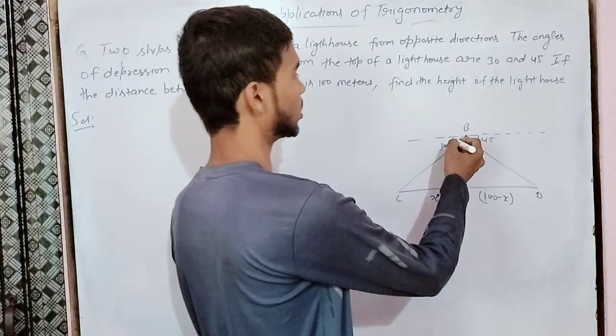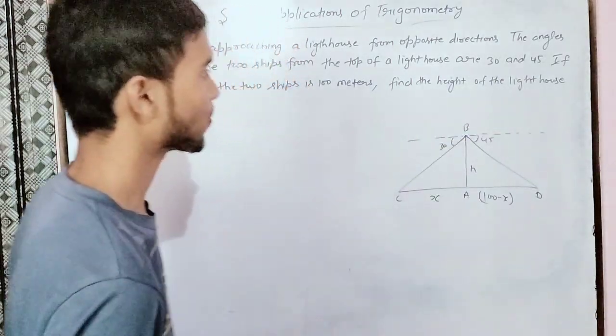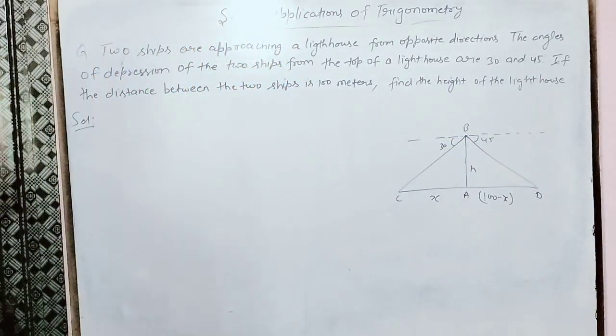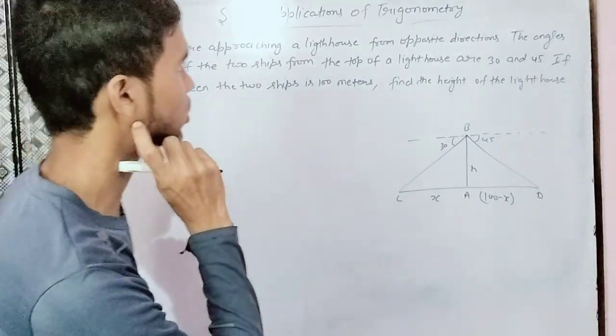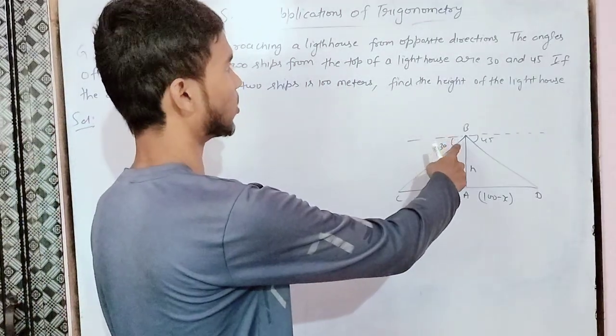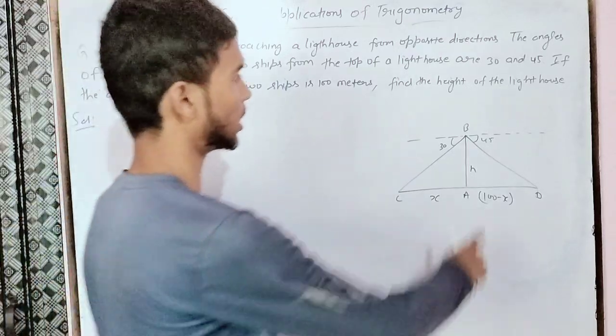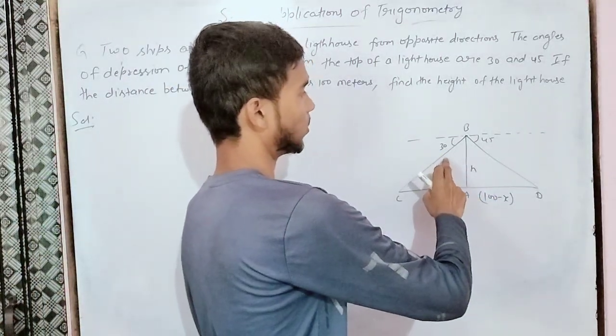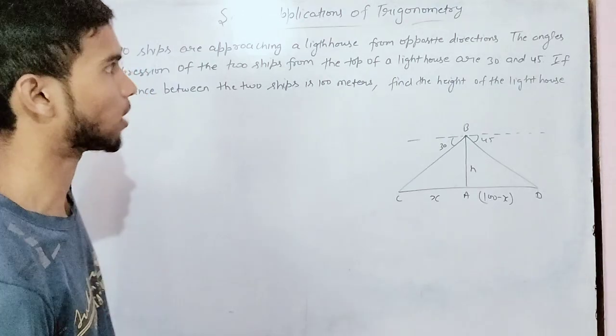The angles of depression. So of course we will draw here the angles of depression of the two ships from the top of the lighthouse: 30 and 45. One is 30, second is 45.